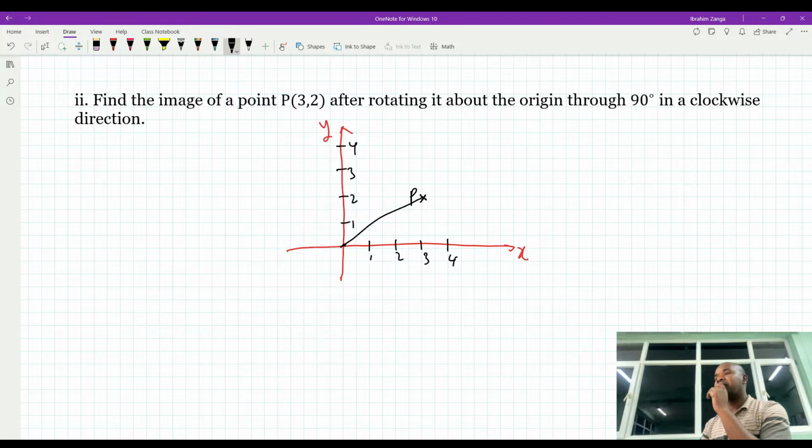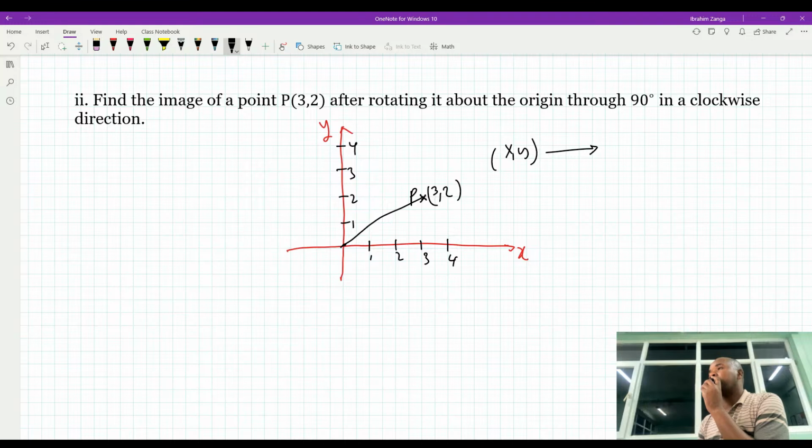So if I consider this as the point (3, 2), upon rotating it 90 degrees, it's like (x, y) will be transformed to (y, x).